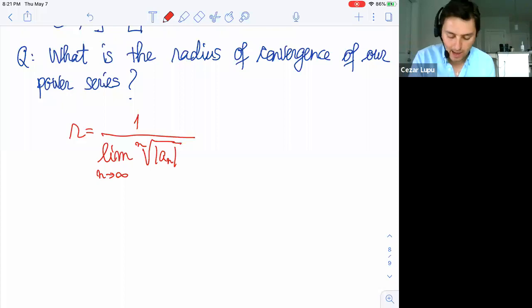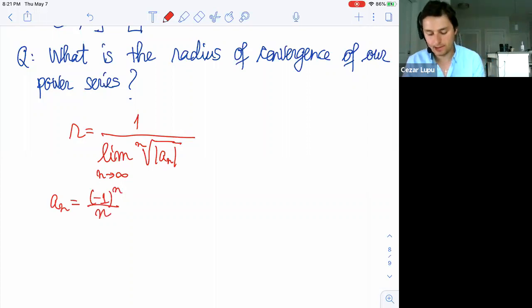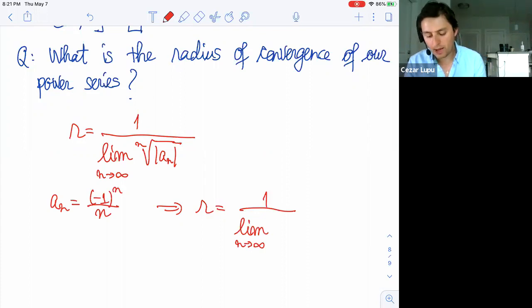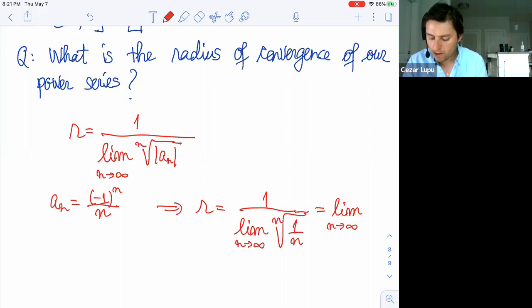In our case, a_n is (-1)^n over n. So this R will be 1 over the limit as n approaches infinity of the n-th root of 1 over n, which reduces to the limit as n approaches infinity of the n-th root of n.